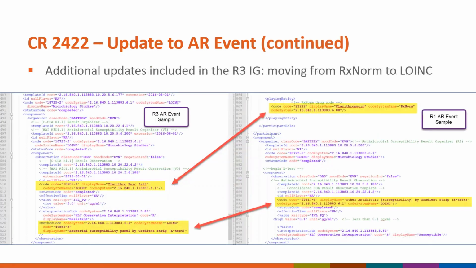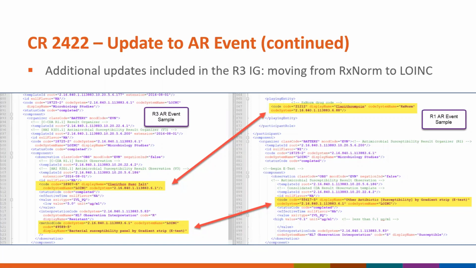Additional updates included in the R3 IG will include moving from RxNorm to LOINC for reporting the specific drug test results. We've illustrated these changes in the screenshot on this slide showing a side-by-side view of the R3 and R1 AR event samples. You can see the change from RxNorm on the right R1 sample to use of the LOINC on the left R3 AR event.